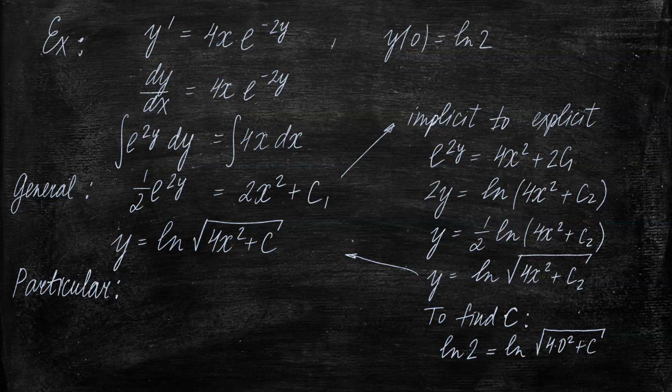And 4 times 0, so square root of 4 is 2, so c must be equal to 4. And now we have our particular solution. So 5 plus ln of radical 4x squared plus 4. So this is the particular solution that solves this initial value problem.